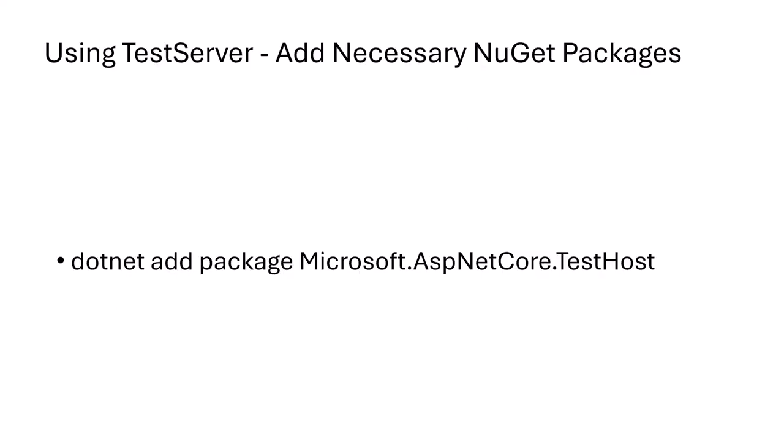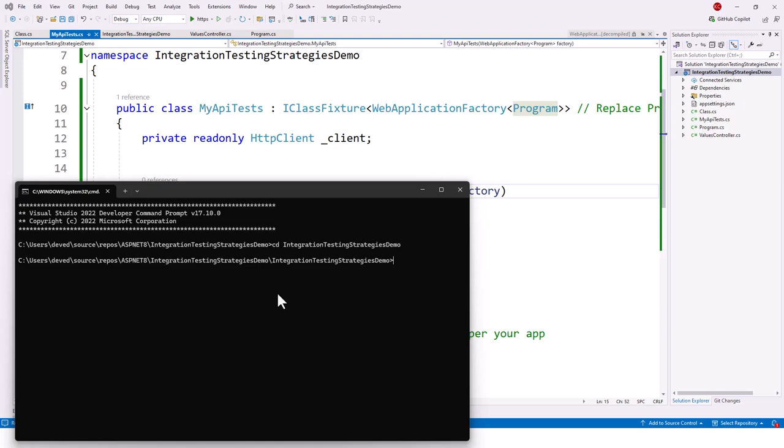So for using test server, we add the necessary NuGet packages. We already had the NuGet packages for XUnit, so that's no more required, but we will have to add this: dotnet add package Microsoft.AspNetCore.TestHost. I have changed directory to my current directory for this project, integration testing strategies demo, and then I'll add this NuGet package.